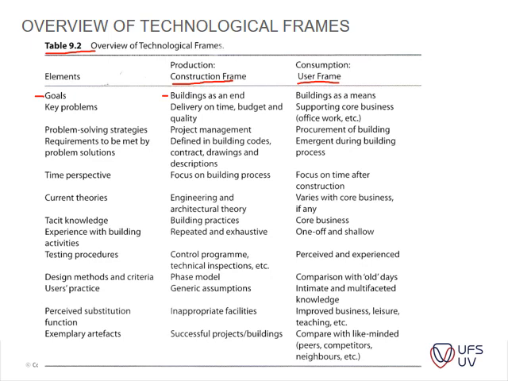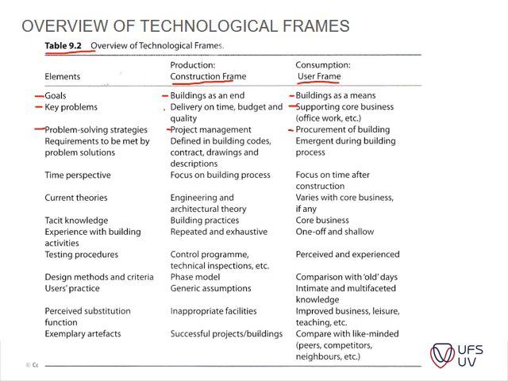But now for the user, the building is a means to do their work. Key problems are the delivery on time and budget, quality, supporting core business, etc. So you've got problem solving strategies, problem management for the implementation, and then the procurement of the building.